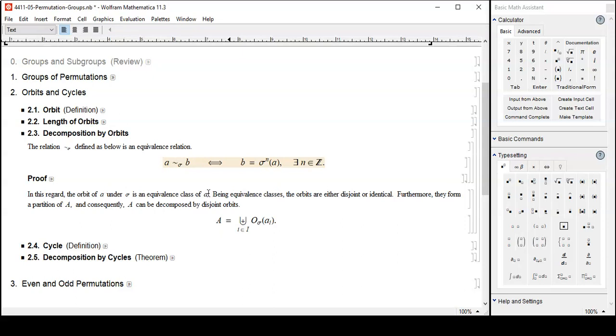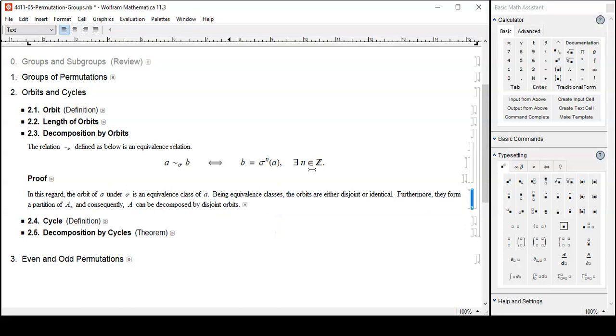Being equivalence classes, the orbits are either disjoint or identical, and unioning them all, we're going to cover the entire A, so you get a decomposition like this. So we get an equivalence partition and decomposition. Of course, if you prove that this is an equivalence relation, all these follow.